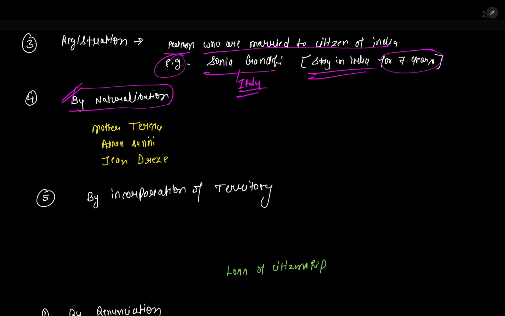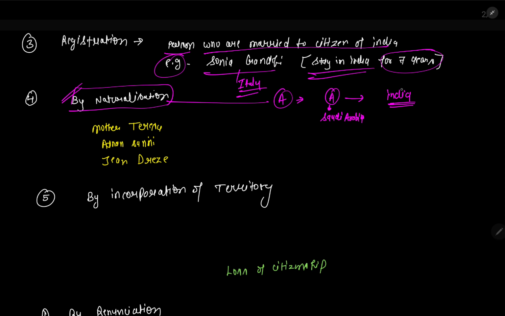The first thing is that any citizen who wants to become a citizen of India via naturalization should not be from a country where Indians cannot become citizens by naturalization. What I mean is, let's say there's a person A who wants to become a citizen of India, but this citizen A is from Saudi Arabia.